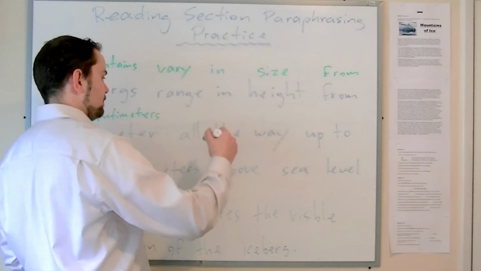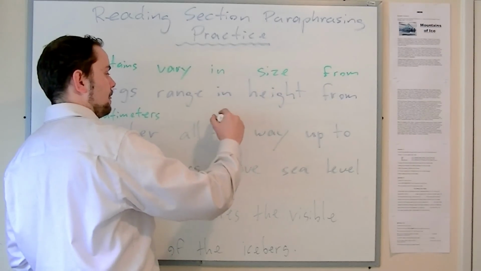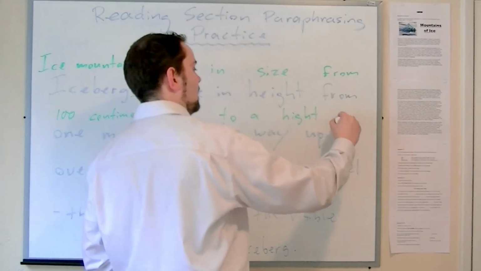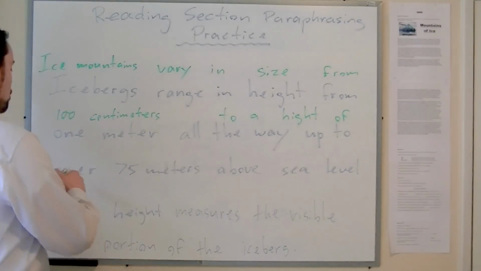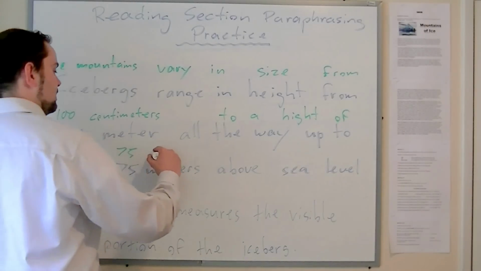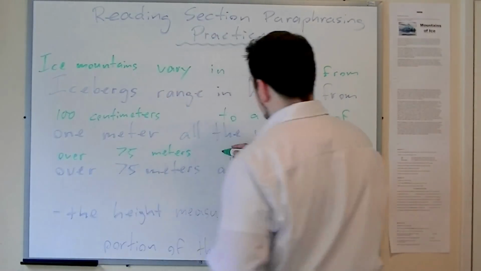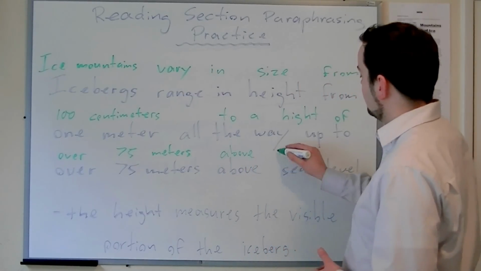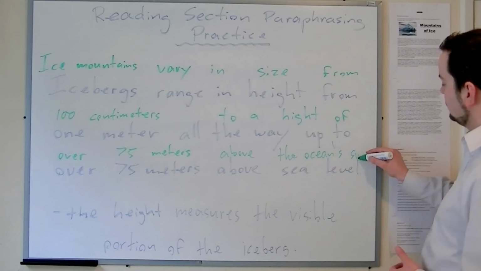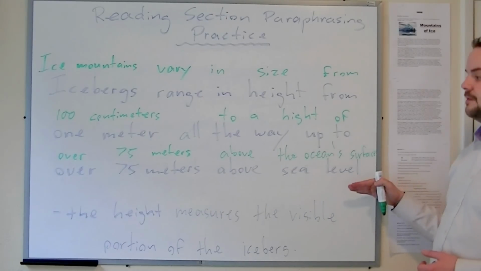So in 100 centimeters, all the way up to a height of over 75 meters above the ocean's surface. Okay? Above sea level, above the ocean surface.